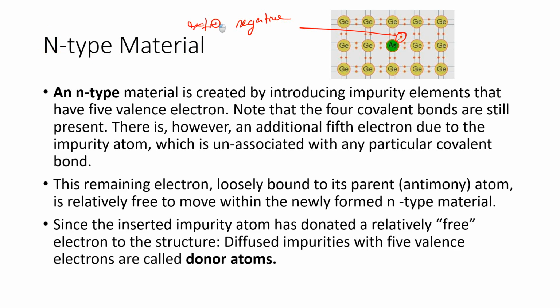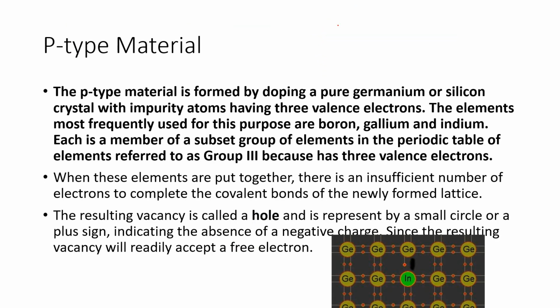So with all of that, what we must understand is that the arsenic that was used, that element As, is what we call a donor atom, because what it did basically was to donate 1 electron to the overall semiconductor material. You see what I'm saying? So that is what is taking place there.